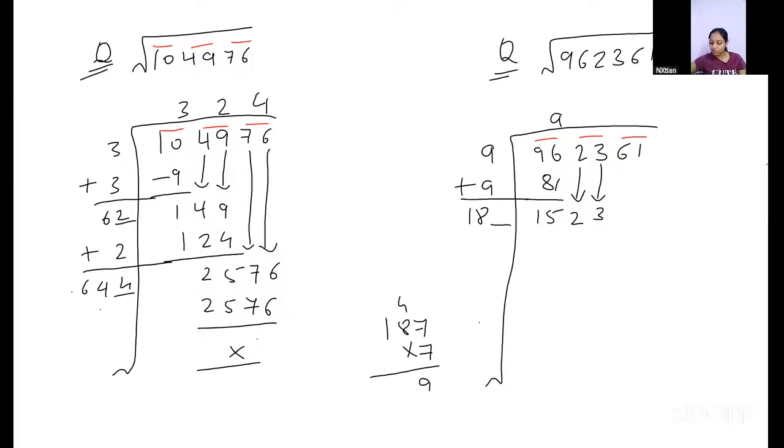Ma'am, try with 8. Let's try with 8. It is 1504. 64 and 64, 70, 0, 7. 8 ones are 8 plus 7, 15.